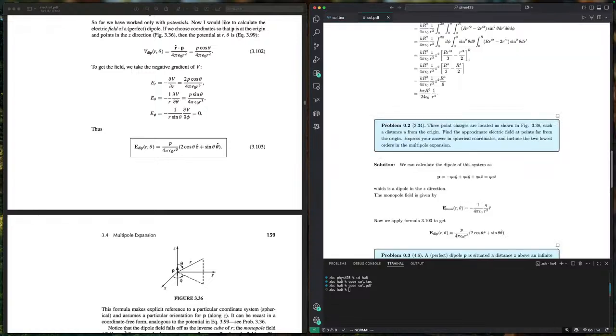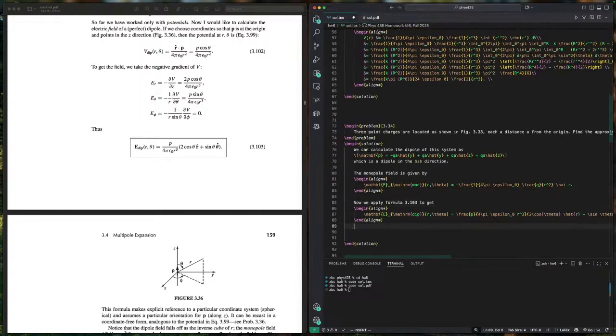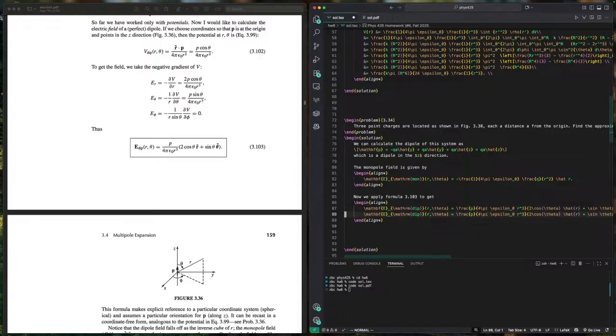Yeah. And we can also simplify this. So that p is now given by yA.